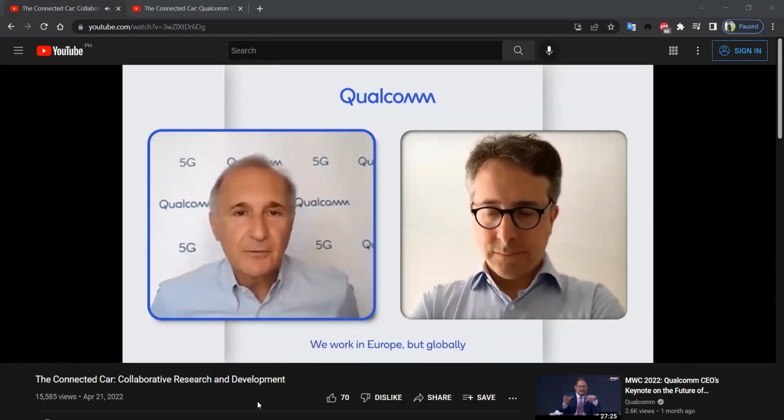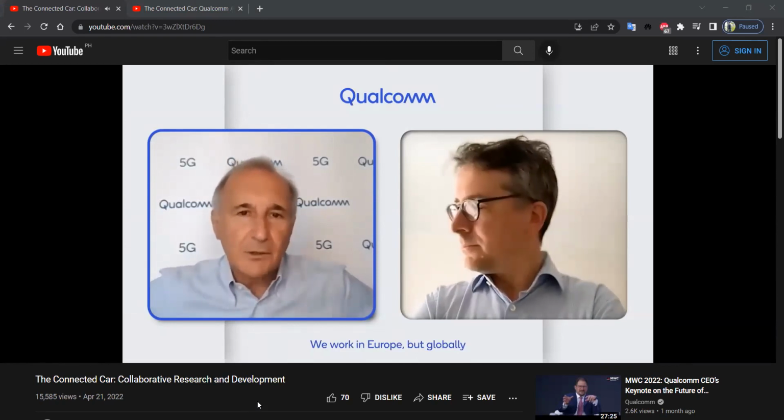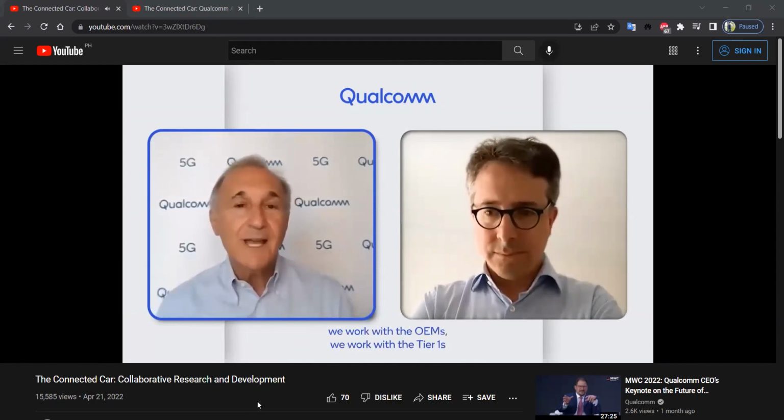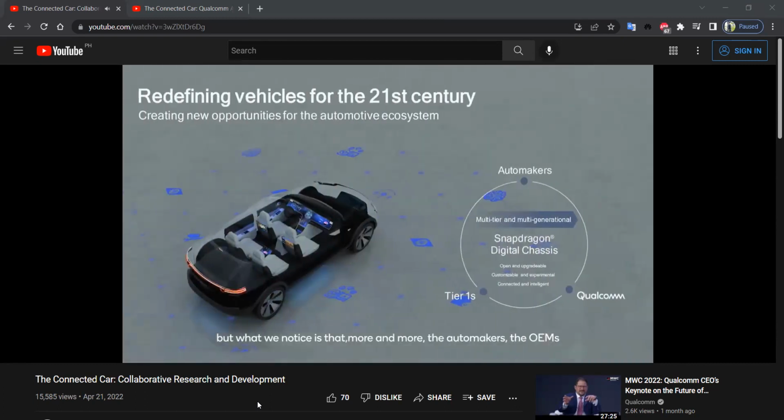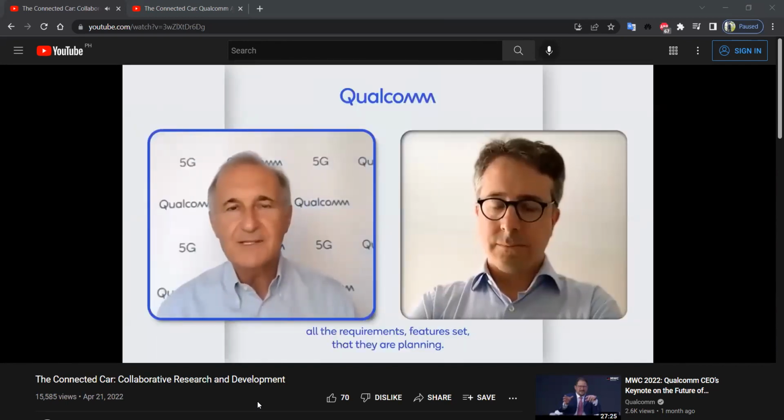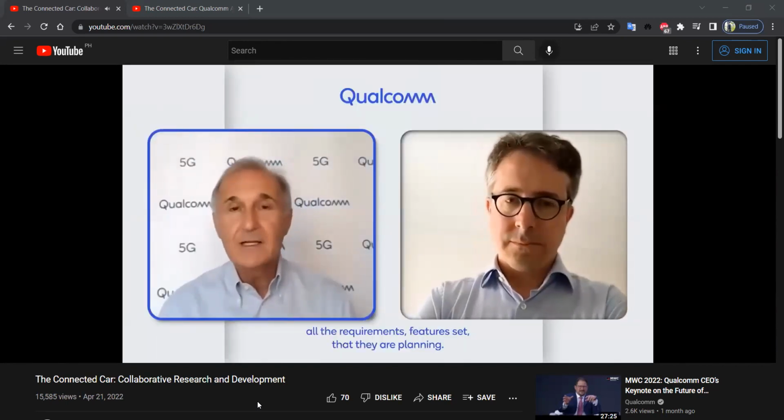We work in Europe, but globally. We work with the OEMs, we work with the tier ones, But what we notice is that more and more the automakers, the OEMs, are working directly with us because they want to make sure that the innovation in the hardware and software platform is capturing and collecting all the requirements, feature set that they are planning.